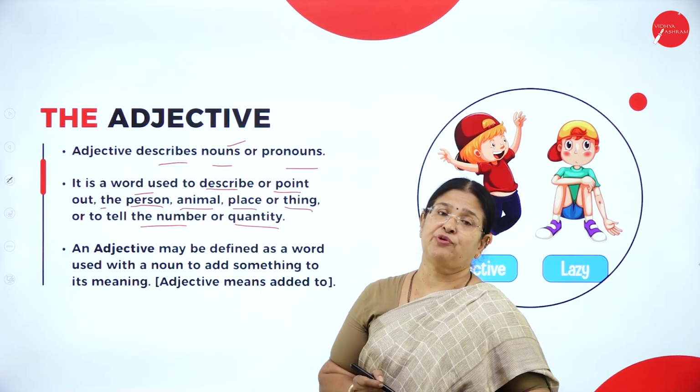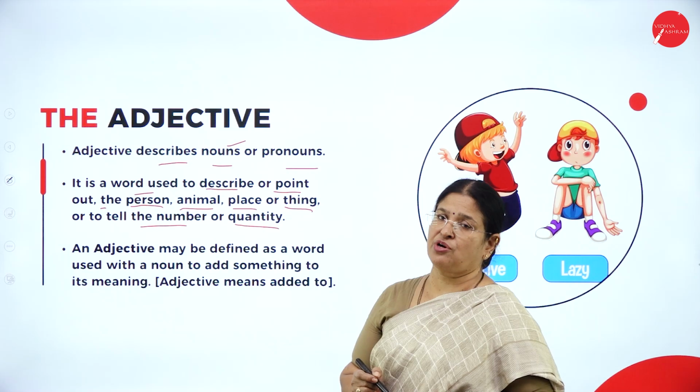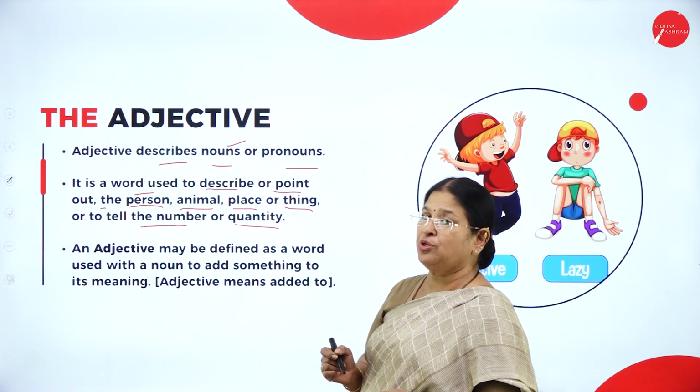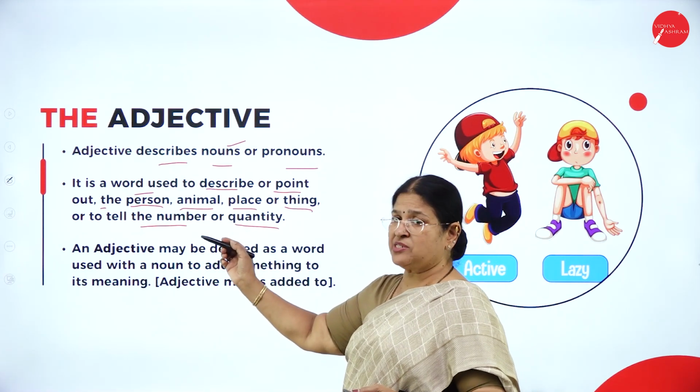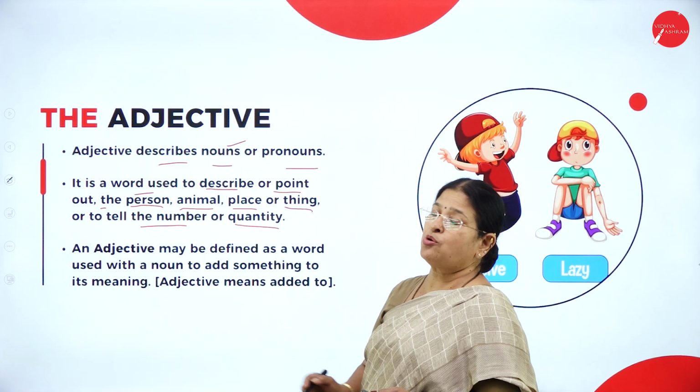So in general, if you want to define what an adjective is: an adjective describes nouns or pronouns, or it is a word used to describe or point out the noun, that is the person, animal, place or thing, or to tell the number or quantity.